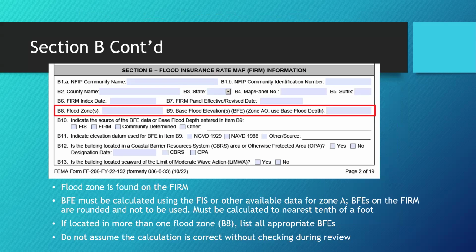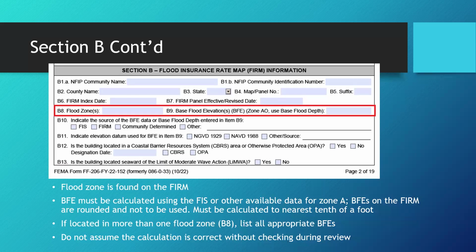And then the flood zones and the base flood elevation. Important information, the flood zone is going to be on the firm. So wherever this property, this house, most likely is located, you would find that on the firm, so you would check the property and look at the actual map panel, and then find which firm it is.